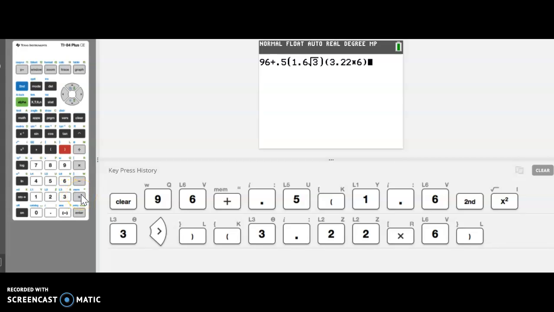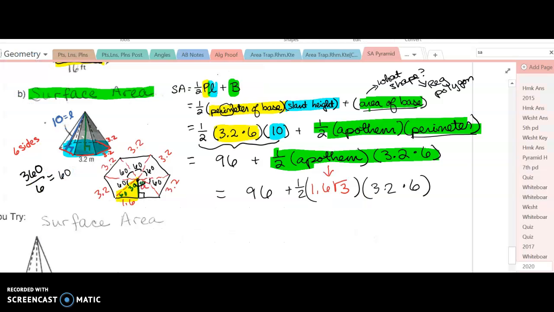Oh, I've got 3.22. I've got 2 2's in there. All right, which I'm getting to come out to be 122.6. And that is my surface area.